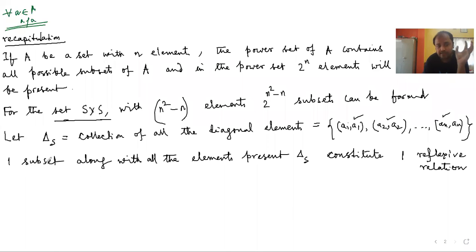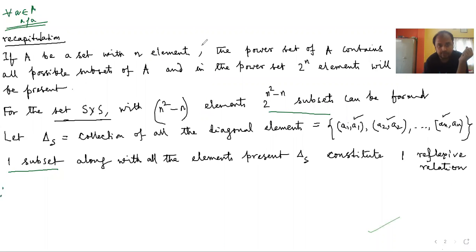With n square minus n elements, you can consider 2 to the power n square minus n subsets. If you consider only one subset, this one subset along with all the elements present in delta S constitutes one reflexive relation.